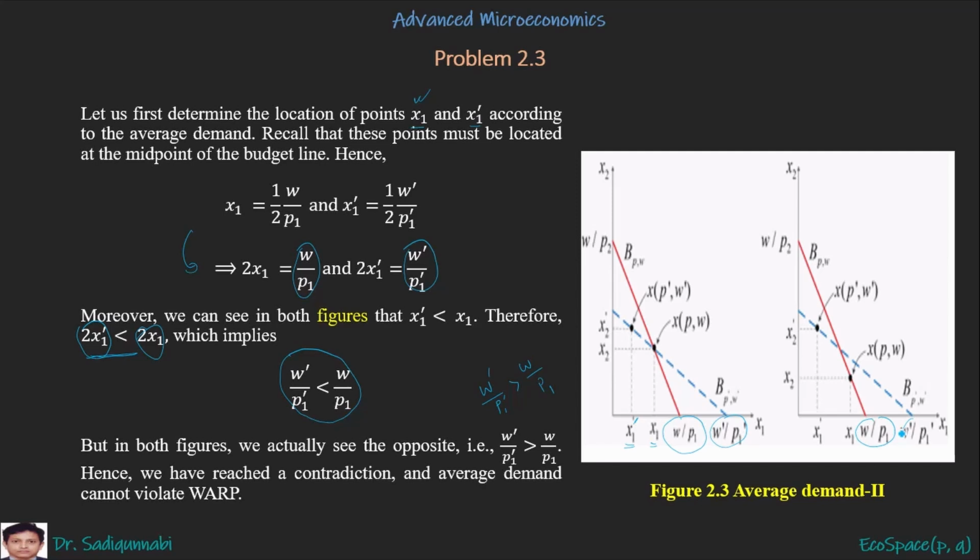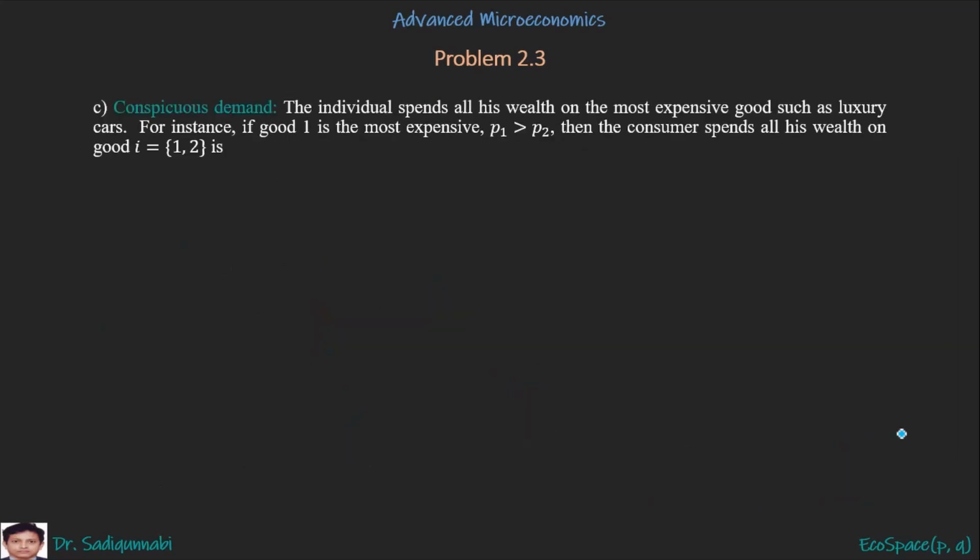Now let's go for the conspicuous demand. What is the definition of conspicuous demand? When individuals spend all of their wealth on the most expensive goods such as luxury goods, then their consumption is called conspicuous consumption. For instance, if good 1 is the most expensive, so P1 is greater than P2 in case of our two goods condition, then the consumer spends all his wealth on good 1.